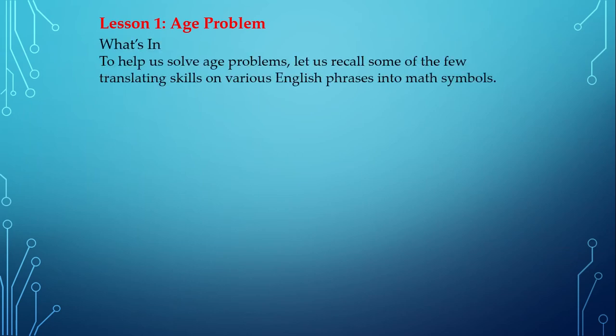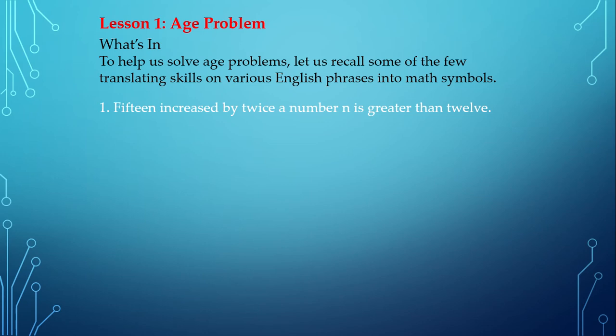So what are we going to do? To help us solve age problems, let us recall some of the few translating skills on various English phrases into mathematical symbols. First, the English phrase we are going to translate into mathematical symbols is number 1: 15 increased by twice a number n is greater than 12.